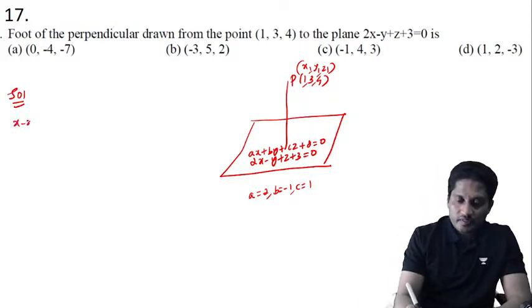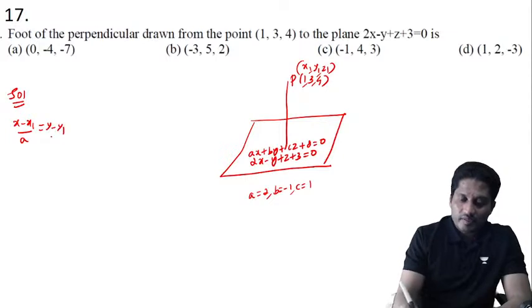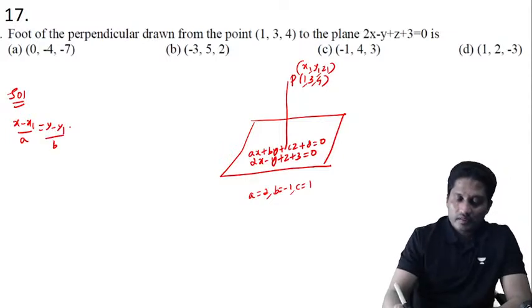(x minus x1)/a = (y minus y1)/b = (z minus z1)/c is equal to minus of (a x1 plus b y1 plus c z1 plus d) divided by (a square plus b square plus c square).